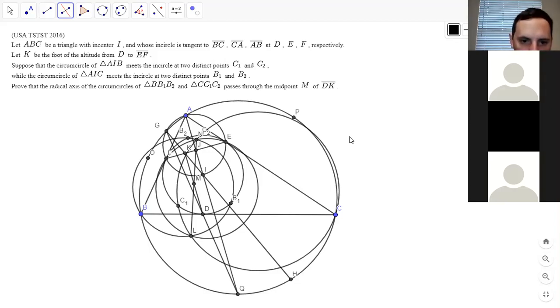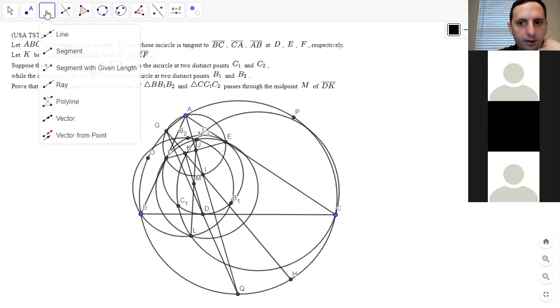So maybe, yeah, I'm trying to figure it out. Hold on a sec. So we would have C1, C2, B1, B2, and yeah, what's the radical axis of AIB and AIC? It's just AI. So yeah, I think B1, B2, and C1, C2 concur on AI.